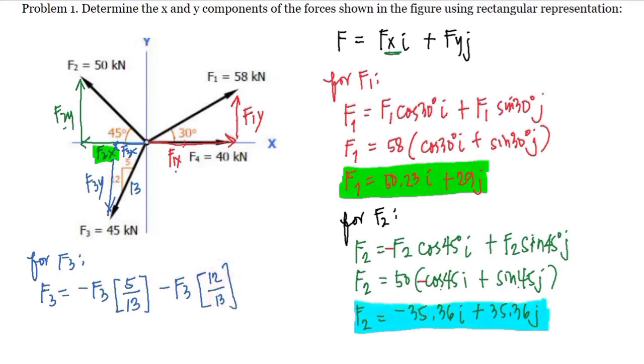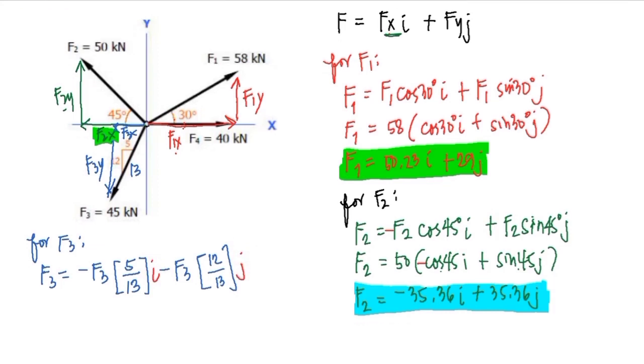And we have here for the x component the unit vector i, and for the y component, the unit vector j. So we have here F3 is equal to 45 kilonewton, multiplied by negative 5 over 13i, and we have here minus 12 over 13j.